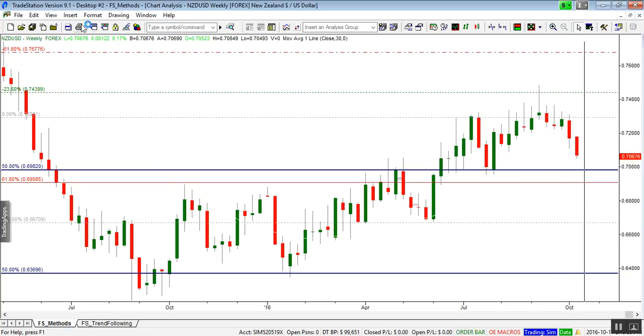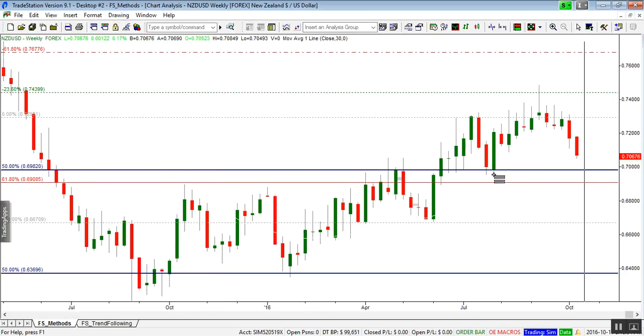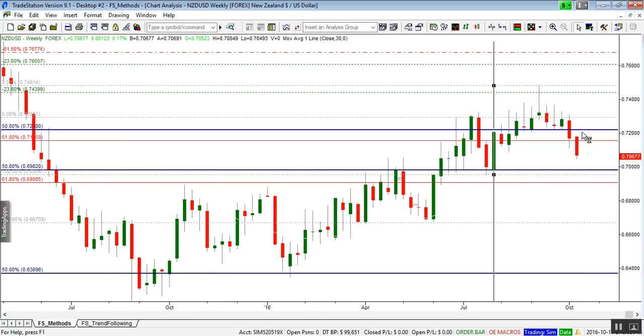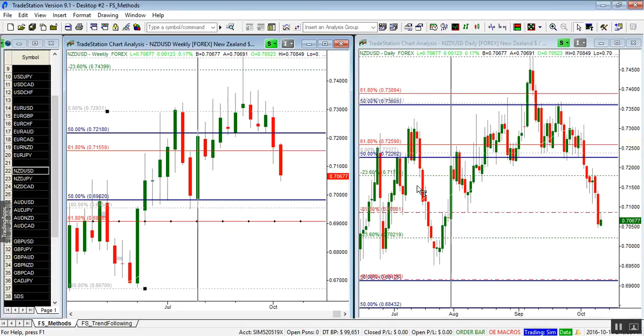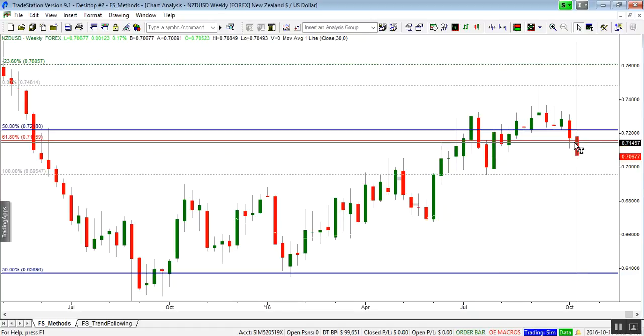When this market came back, it did initially find participation in the following measured move, but then this has failed, as you can see here. Last week we also commented on it in our review. So where this market is going now, there are two levels we're going to watch.